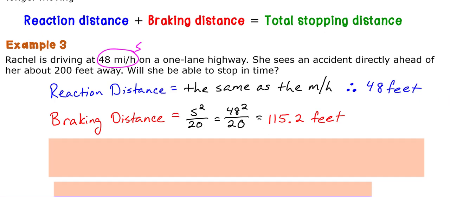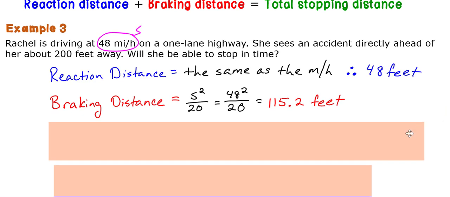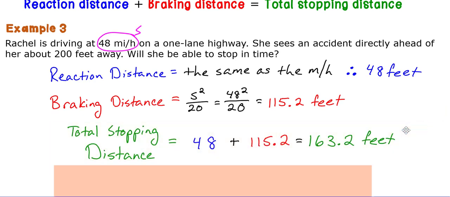So to find our total stopping distance, add them together, the 48 plus the 115.2, and we get 163.2 feet.